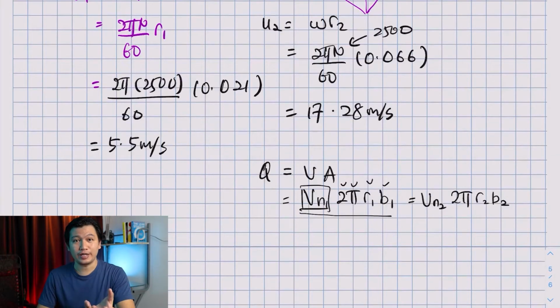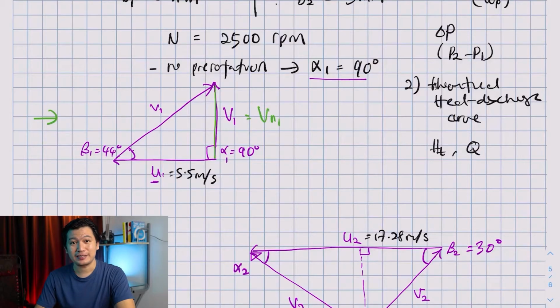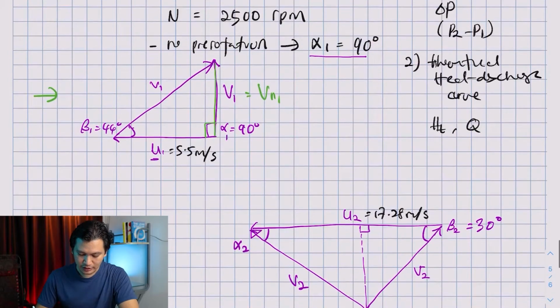So where is Vn1? Vn1 is the absolute velocity that is perpendicular to the blade speed. If you look at our inlet velocity triangle here, and I use green to mark it, this is also your Vn1. So V1 is actually Vn1, because this is already perpendicular to the blade speed. Now how do we find Vn1? It's quite simple, because you can use the tangent relationship with this angle.